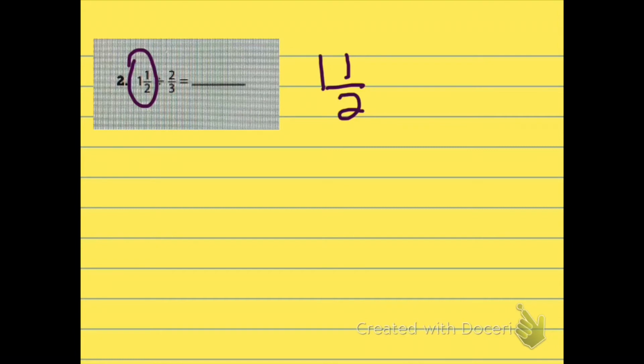So if you remember, the rule for that was to take 1 times 2, which would be 2, and then add it to our numerator, which is 1, so 1 plus 2 is 3. The denominator stays the same, so you get 3/2.